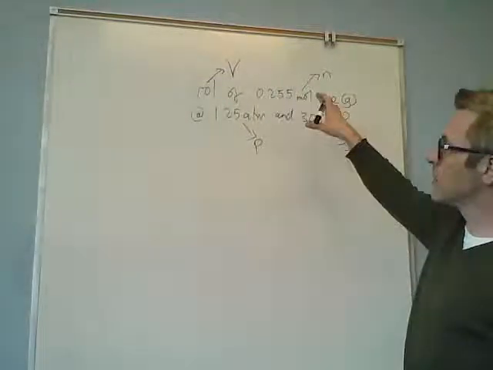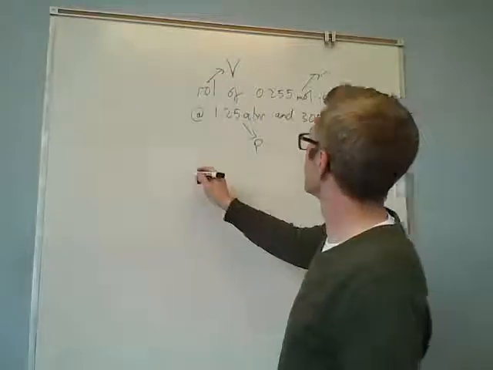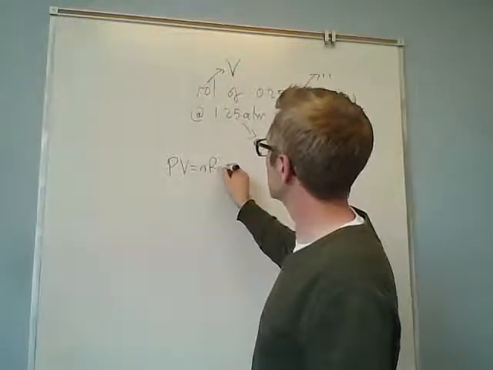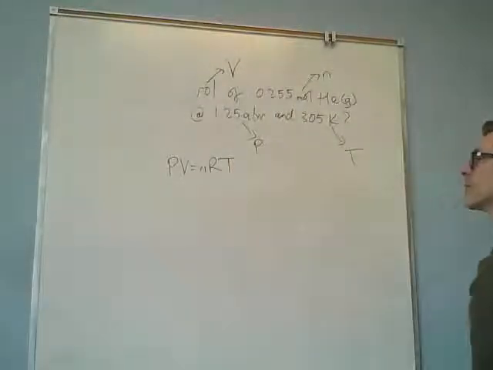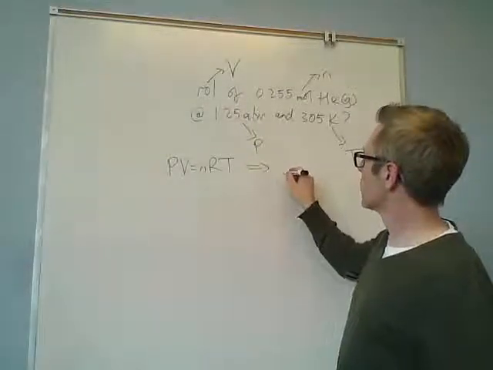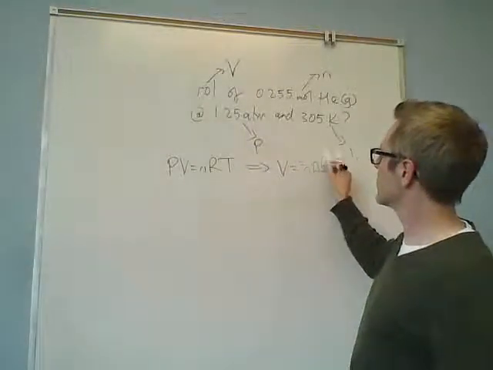So the variables lead you to the ideal gas law. You've got PV is nRT, that's the ideal gas law, and you need to solve for V. So volume is nRT over P.